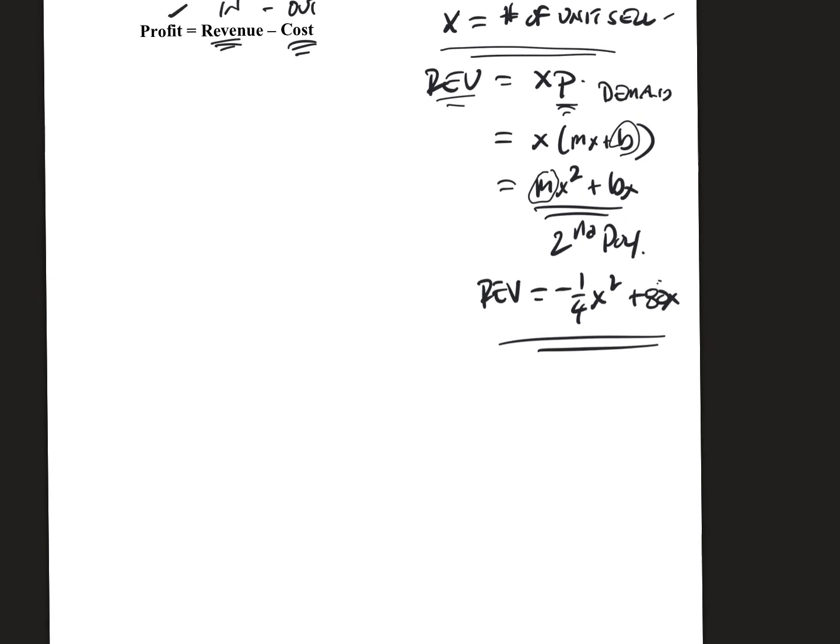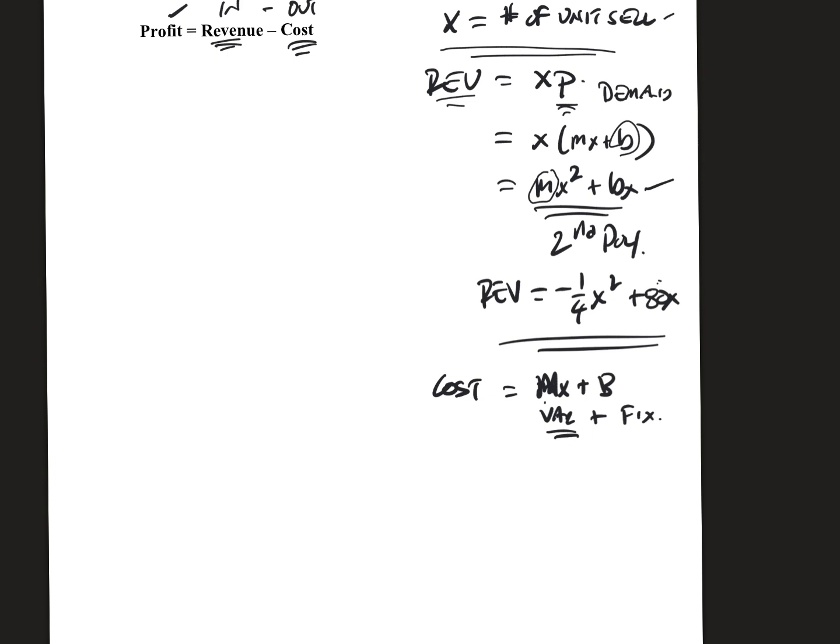So what about cost? Cost is a linear function. I'll call it capital M x plus capital B, to be different from the demand we had up here. Cost is the variable cost plus the fixed cost. Variable cost is how much it costs to produce an item, the material, the labor, whatever the case might be, that fluctuates and changes.